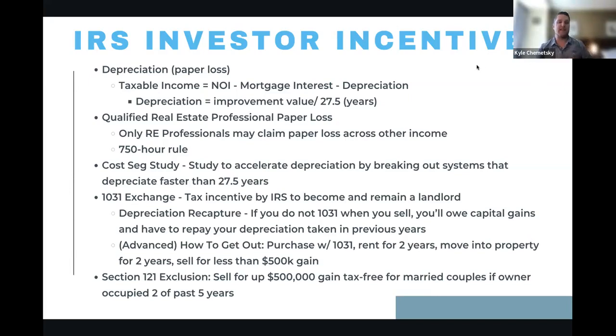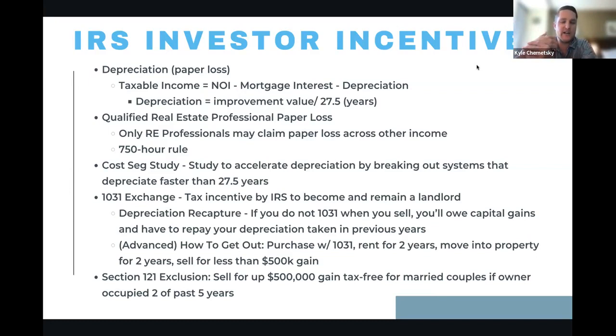Yeah, so it's basically when you have a rental property, the IRS codes it as a business, and so they're saying the inventory of your business, which is your roof, the wood, the nails, the appliances, the paint, every single thing that makes up a home, loses value over time.